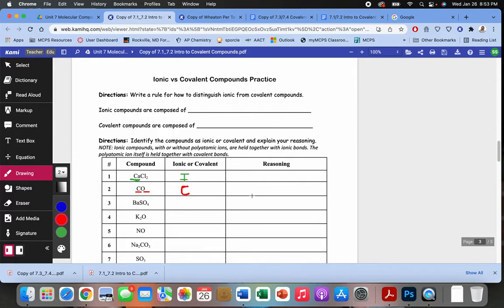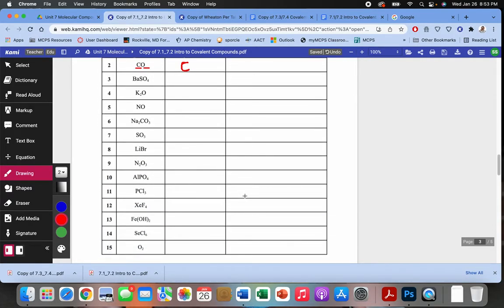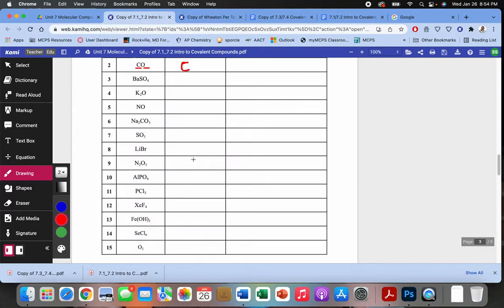Well, they're both nonmetals, whereas this has a metal and a nonmetal. And so as you're doing this part, please look at a periodic table and try to get comfortable with the elements that are to the left of the metalloids, the metals, and the elements to the right of the metalloids, the nonmetals. Okay. And you should be able to finish up our note packet at this point.